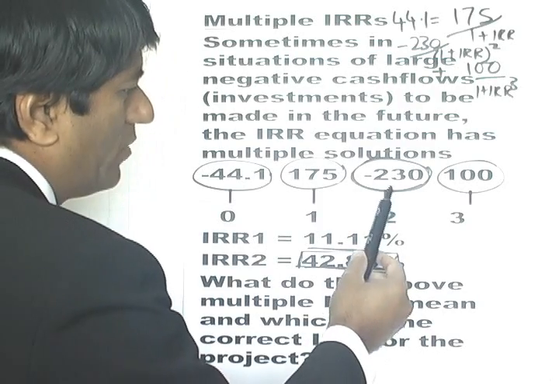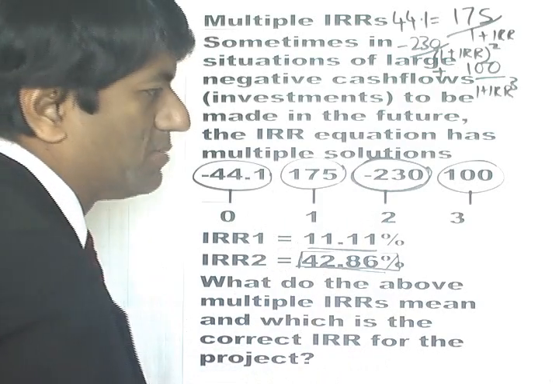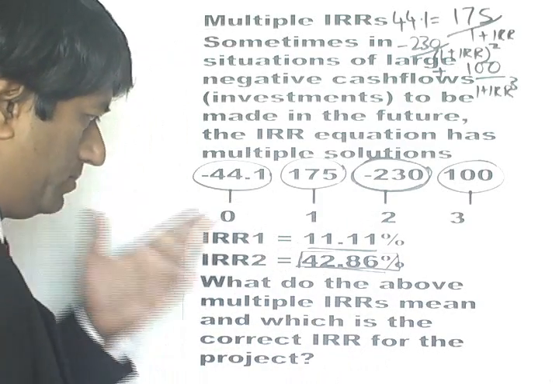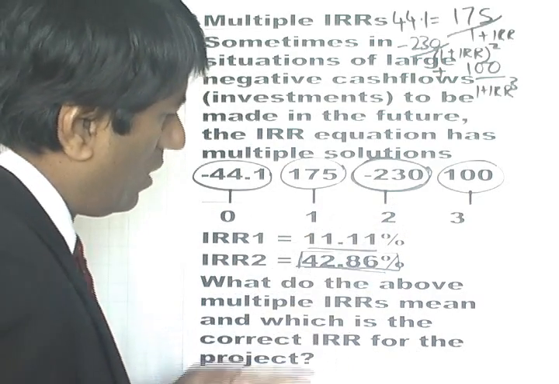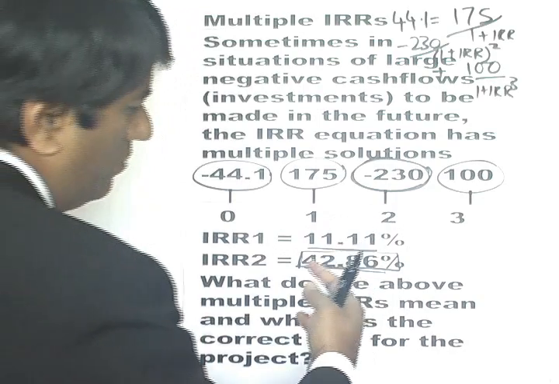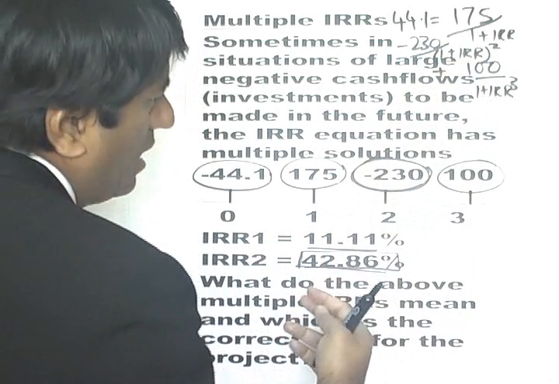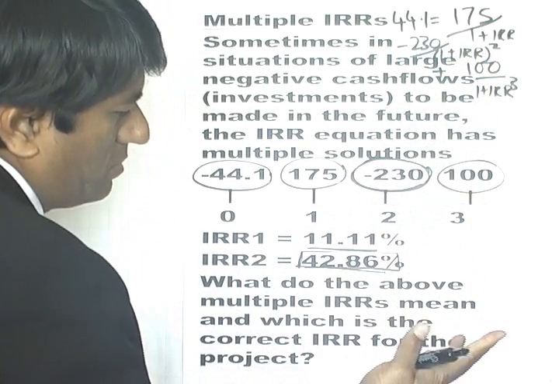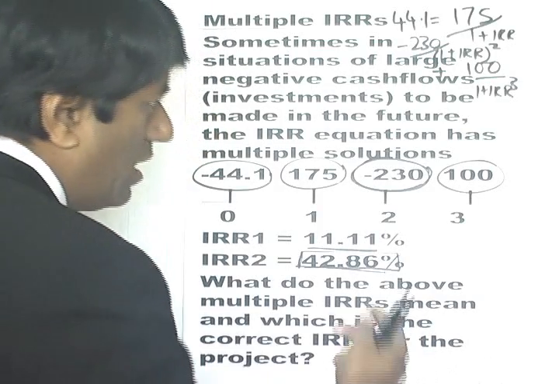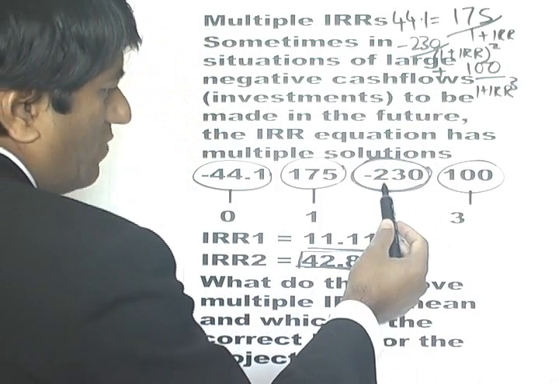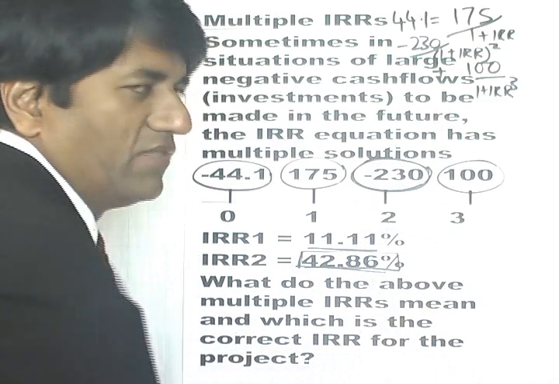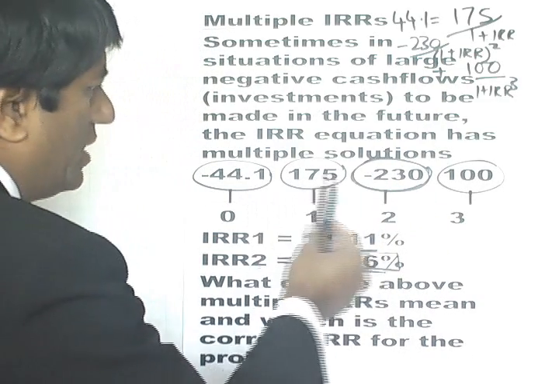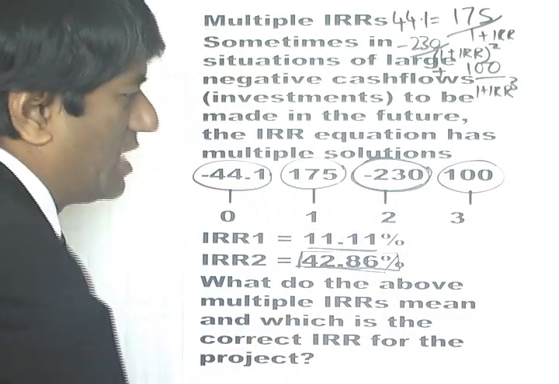Now, what does discounting it back at 42.86 mean? So 1.42 squared is roughly about 2. So you're saying that the present value of this 230 to be invested 2 years from now is 230 by 2, which is 115.